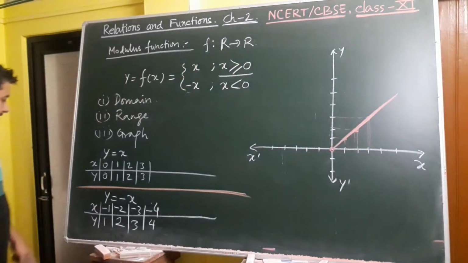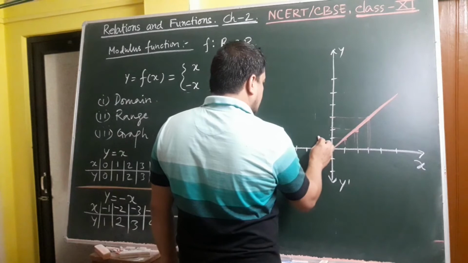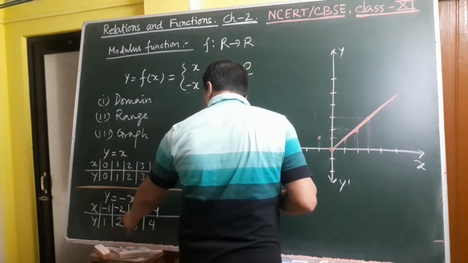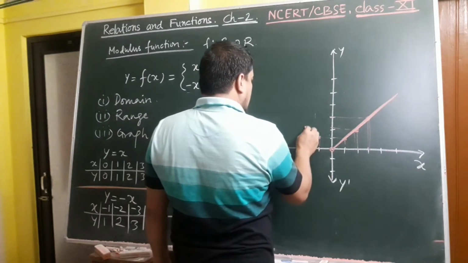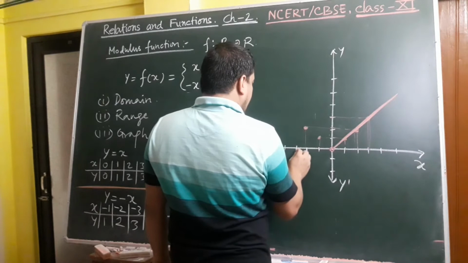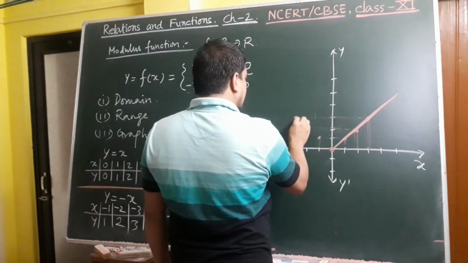The next one is minus 1, plus 1, so it will be somewhere here. Then minus 2, plus 2, somewhere here. Then minus 3, plus 3.